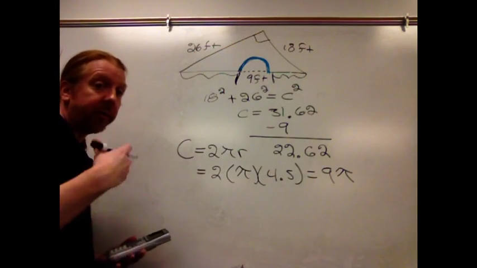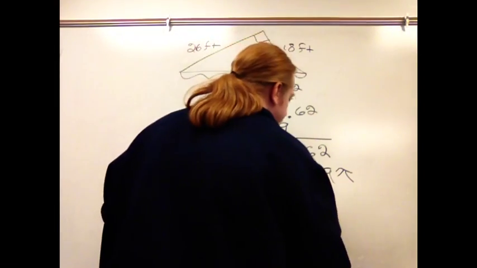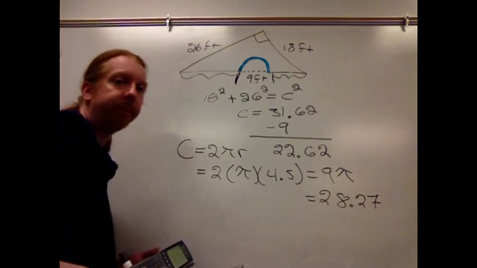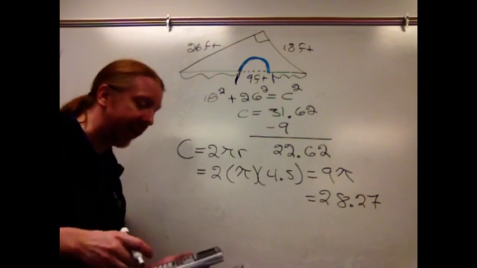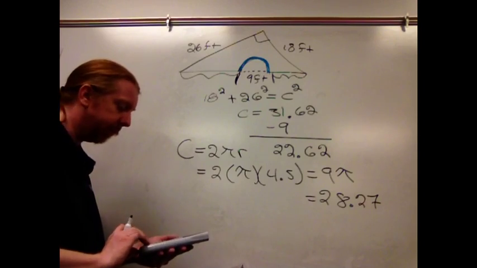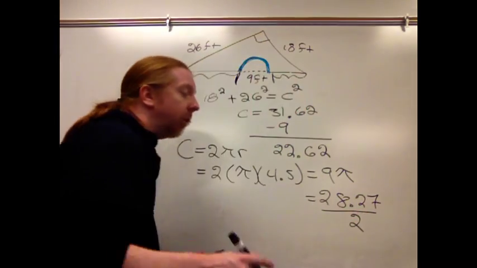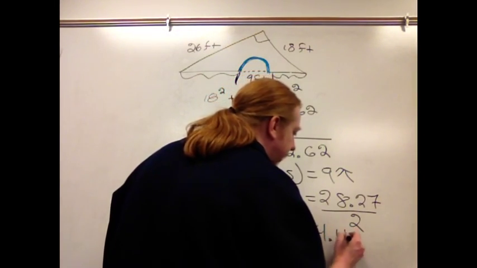Or, if I turn that into a decimal, 28.27. But that would be a whole circle. I only need half of that. So I divide that by 2, because I only want a half circle, and I get 14.14.